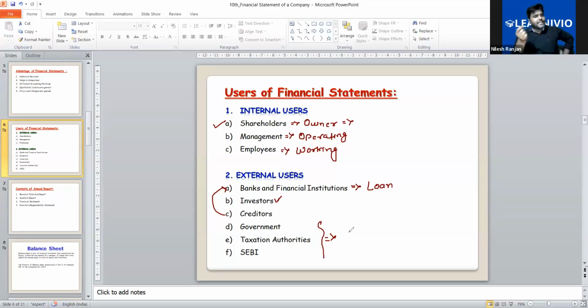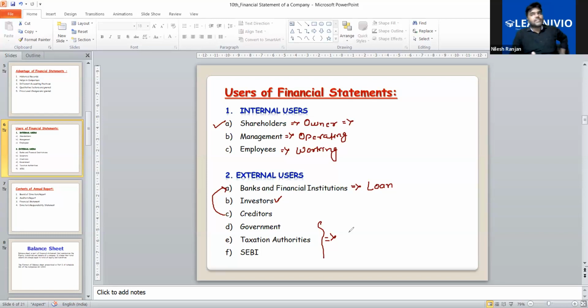If there is any illegal transaction, then they can find and catch the person and put a penalty. They have to pay the penalty, and there can be a jail sentence also. So SEBI is a regulation department for the government.